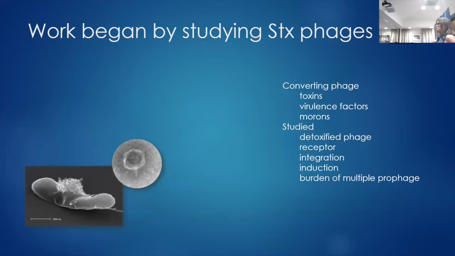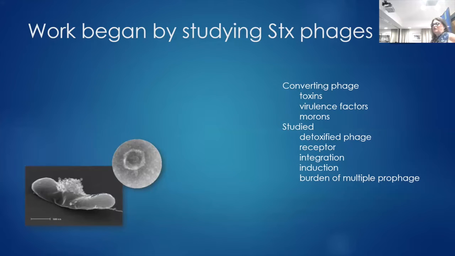And so the induction process was quite different. We also looked at the burden of multiple STX prophage carriage, because most clinical strains of EHEC carry more than one Shiga-toxin phage. So did this actually have an impact on the amount of Shiga-toxin that was made? All of these questions were addressed and have been published.